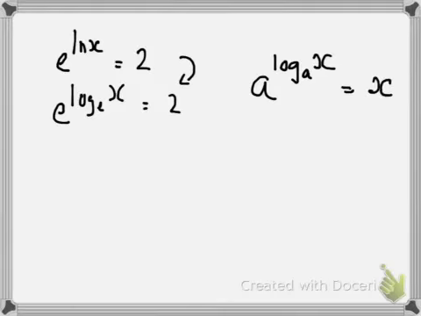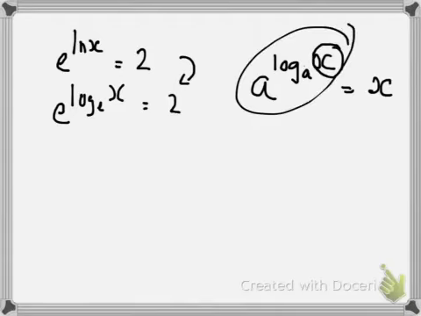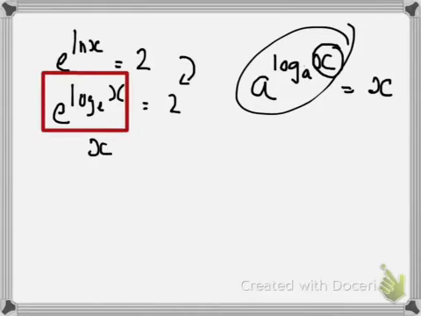So that all simplifies to just x. So here I can just simplify that expression there to just x. So x equals 2, and we're done. So please remember that. a to the power of log x to the base a is equivalent to x.